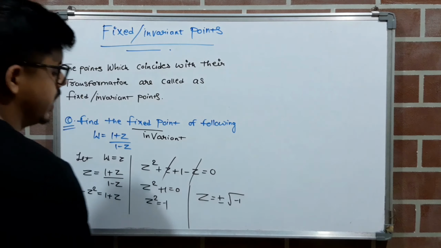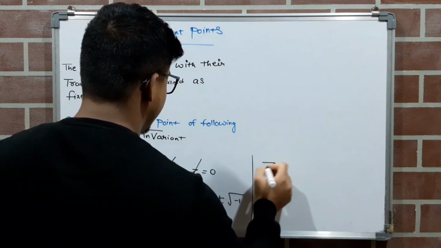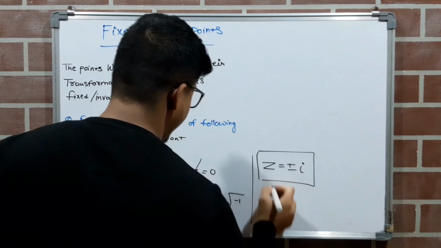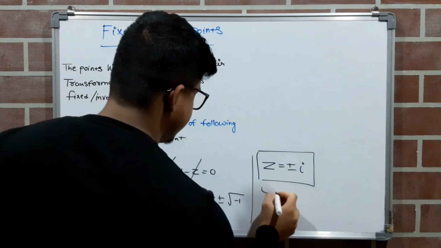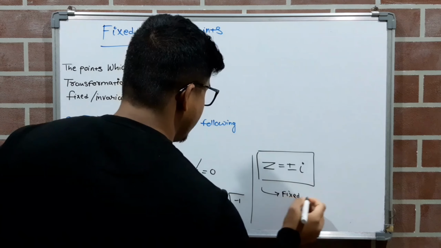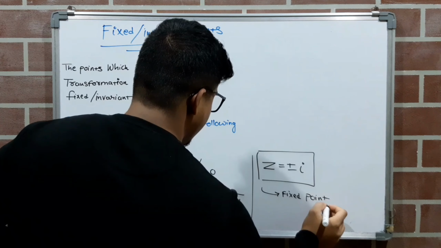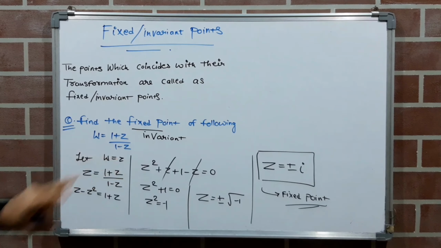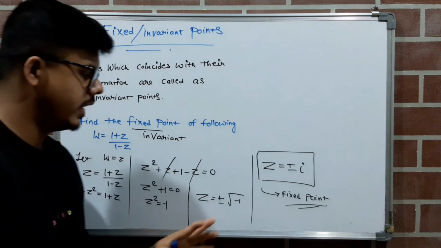What is the square root of minus 1? It is nothing but iota. So z = ±i. So we are getting these 2 points, or 2 fixed points. In the question you just need to replace w with z and you will get your answer, right?